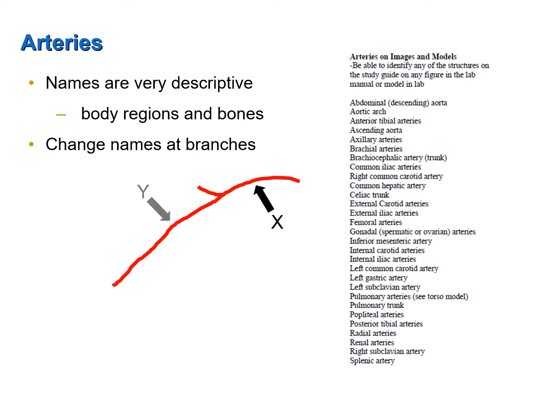Then it will become artery Y. And then there's a branch and it'll change its name to artery Z. So every time there is a branch, the artery changes its name. Why does it do that? Well, it's so as a scientist or a clinician, we can be very specific as to where on that tube we are referring to.